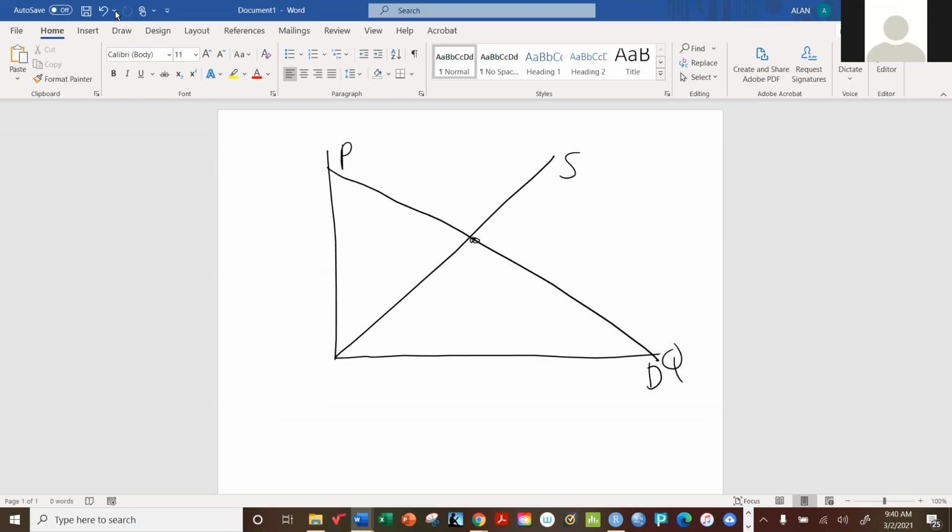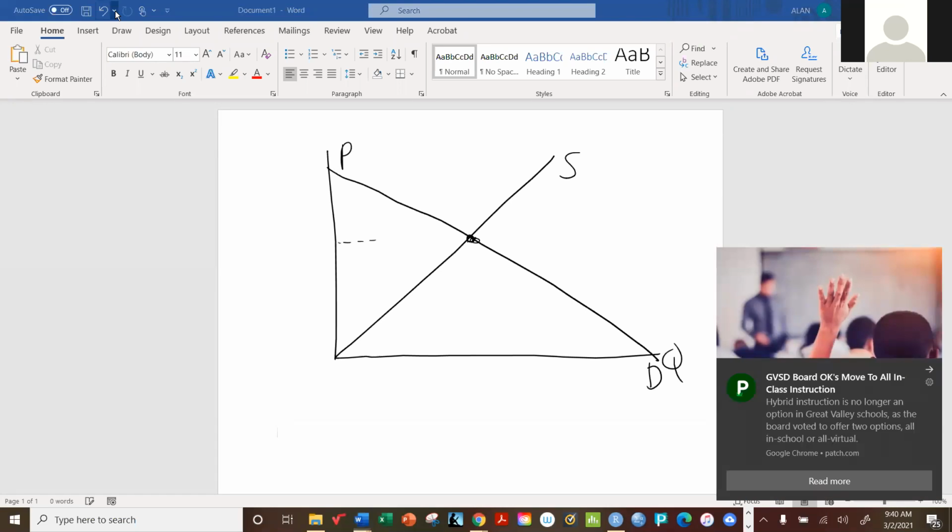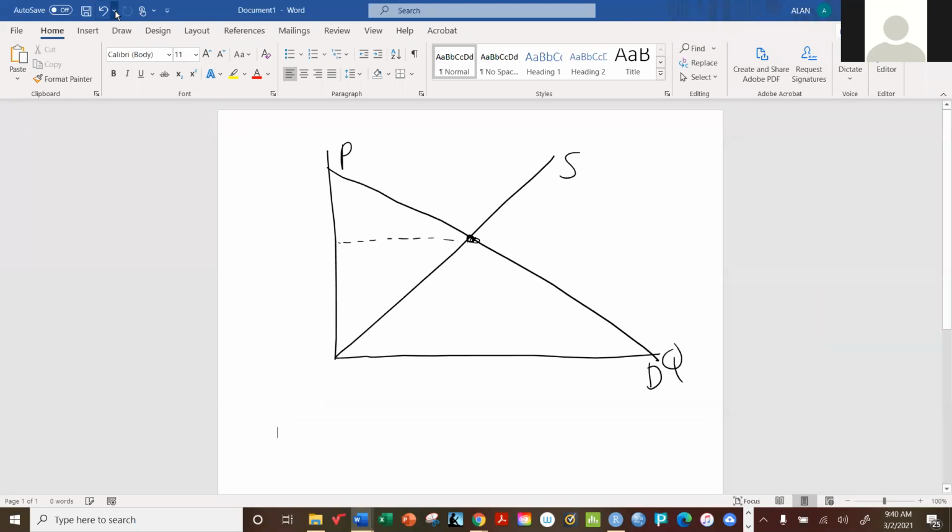So, equilibrium price. Whatever this price is, let's say it's $10, and let's say the quantity is 100.